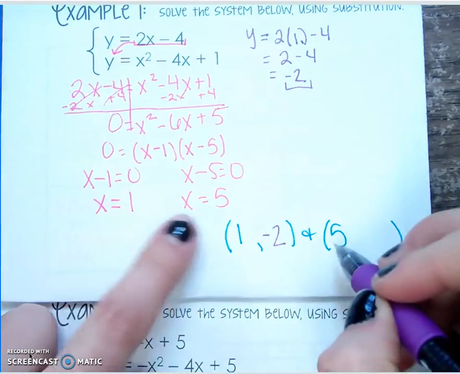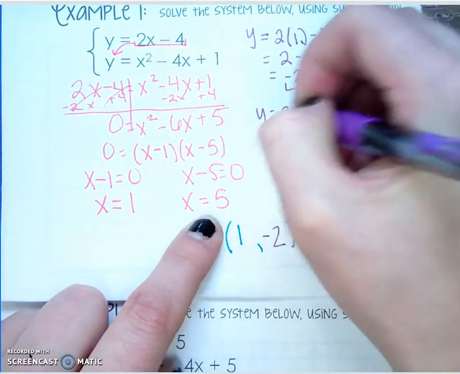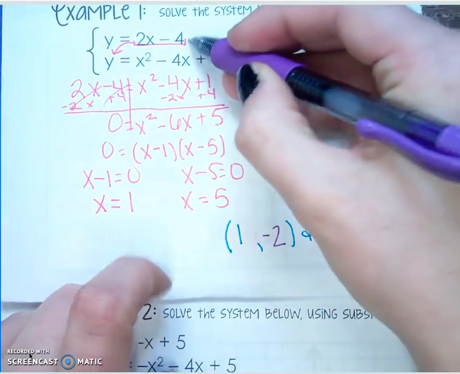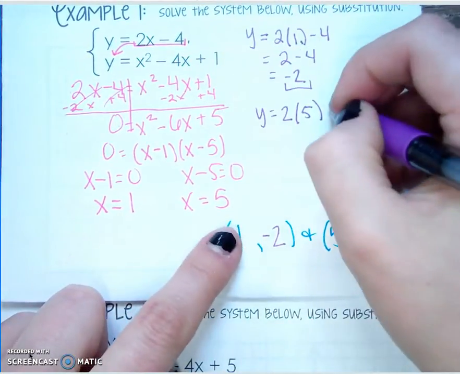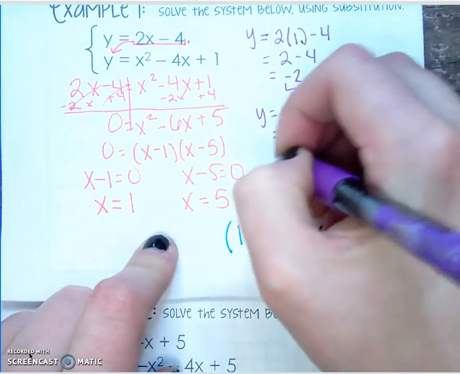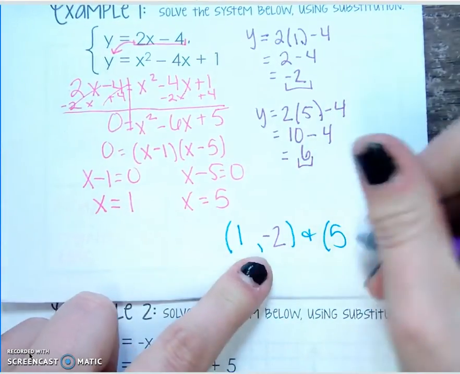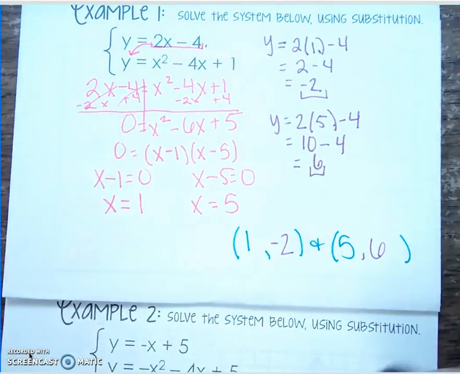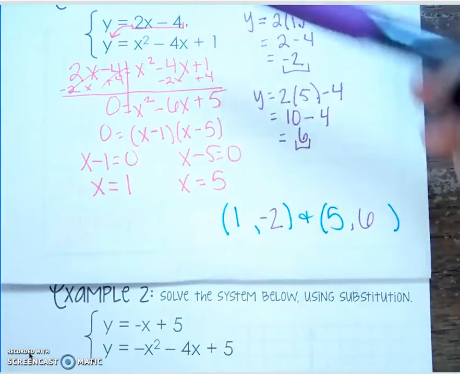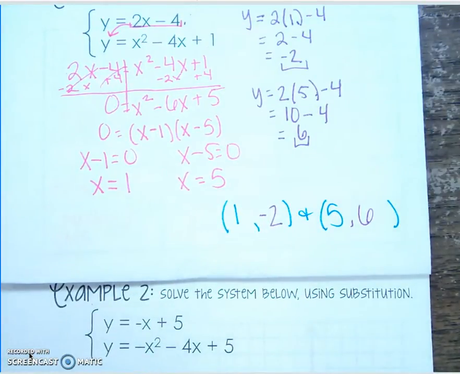Same thing, I plug in 5 to find the other solution. y equals 2 times 5 minus 4, so 10 minus 4. When x is 5, the y value is 6. Those are the two solutions to that linear and quadratic system.